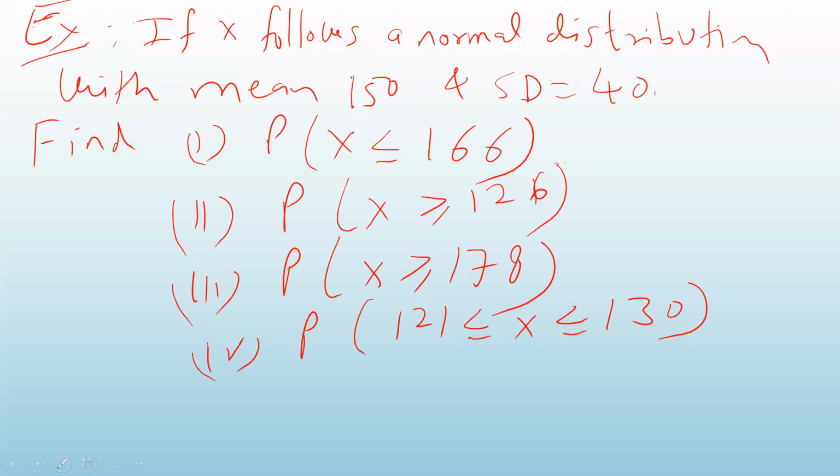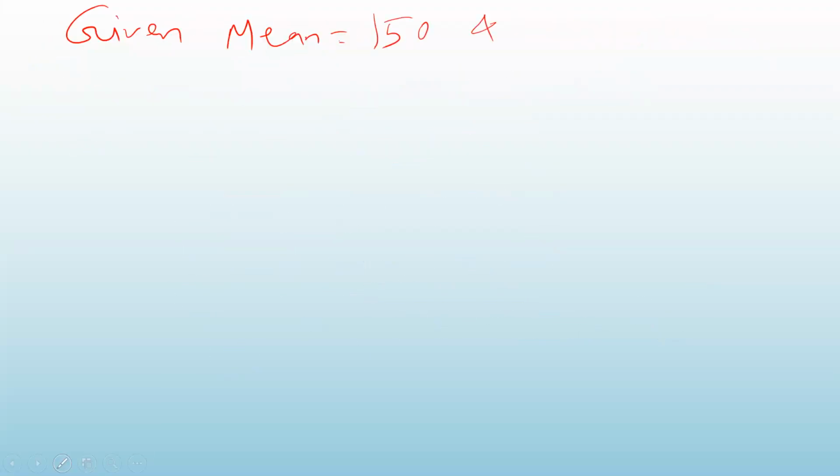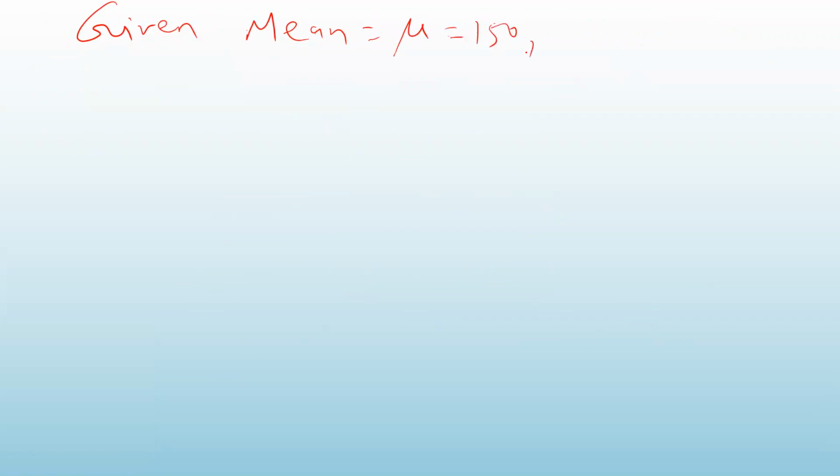Mean, which we denote by mu, is equal to 150, and standard deviation, which we denote by sigma, is given as 40.